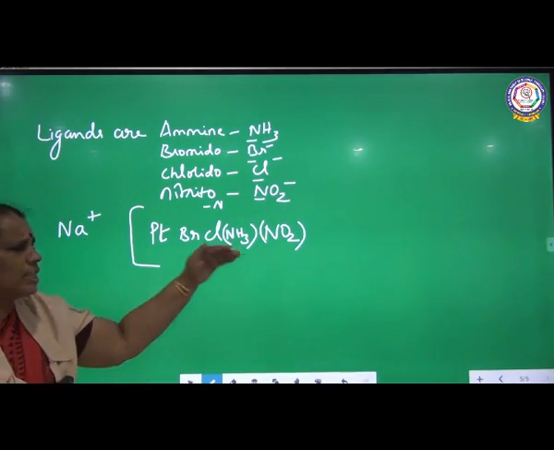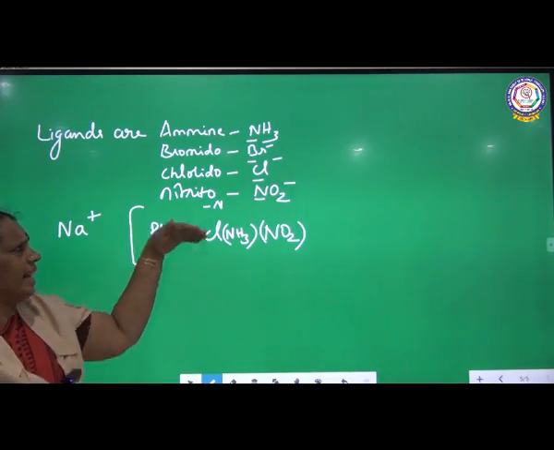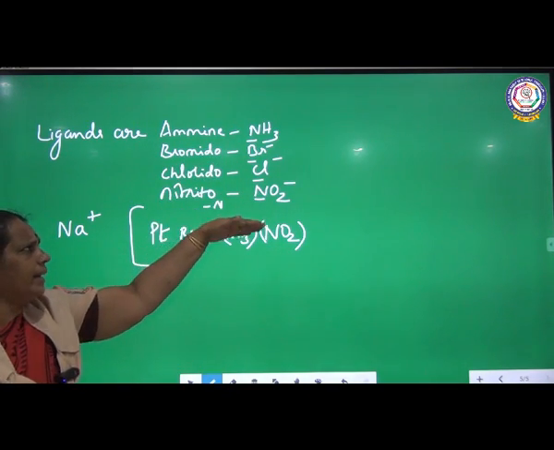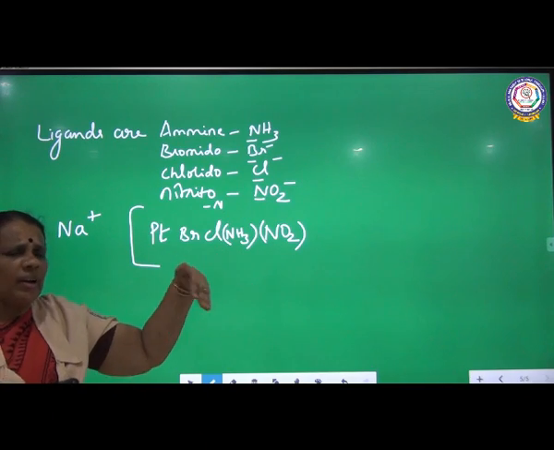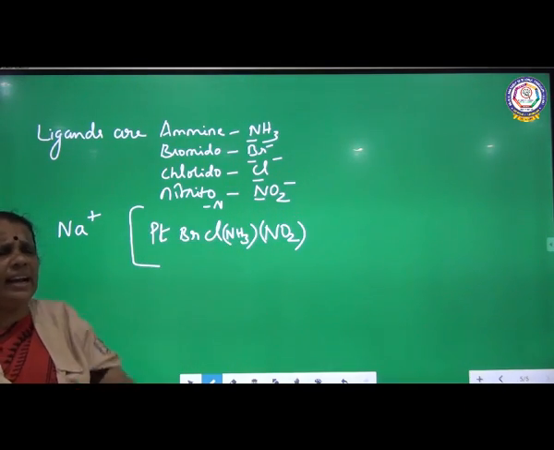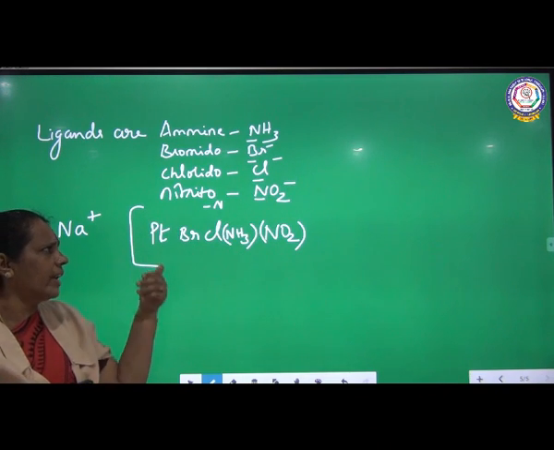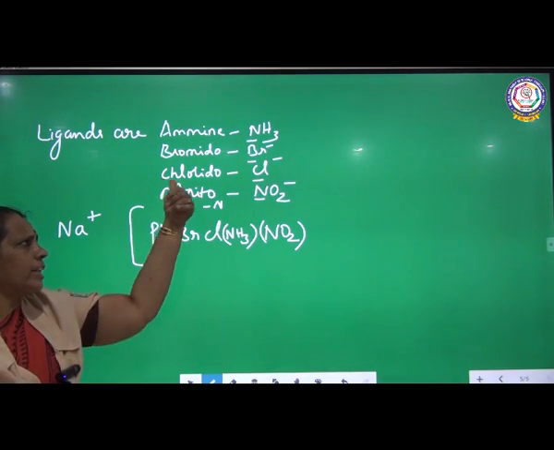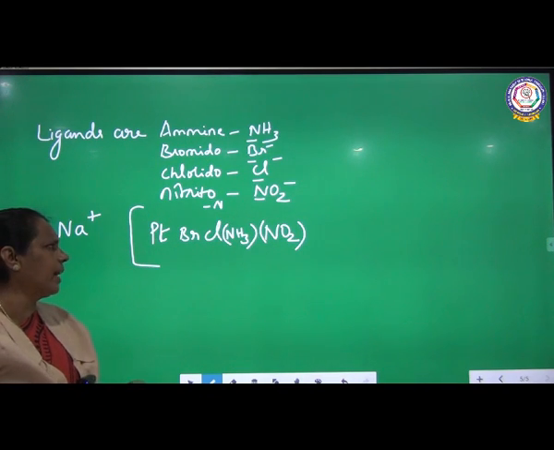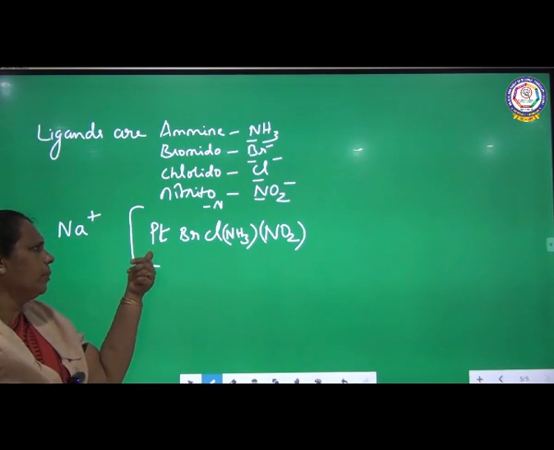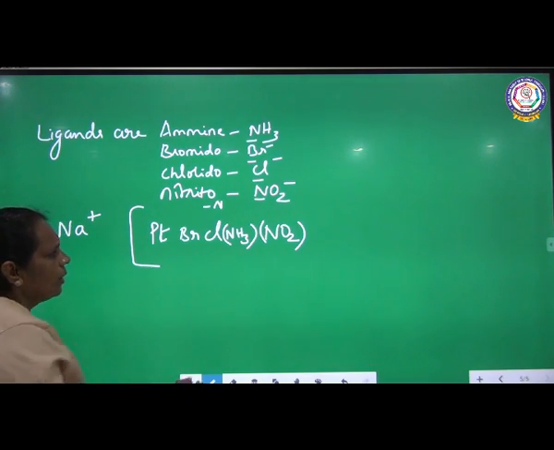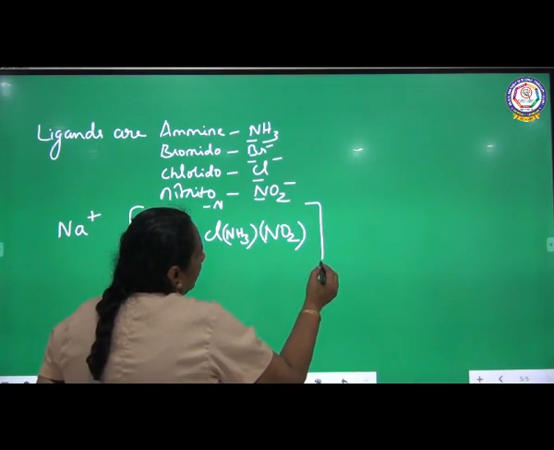Preference has been given by considering the first letter of the formula, but for amine and nitrito the first letter is the same in both ligands, so I have given preference to the second letter. For amine it is H, for nitrito it is O. So H will be coming first, followed by O. So I have arranged the ligands in alphabetical order: platinum, bromido, chlorido, amine, nitrito, close the square bracket.